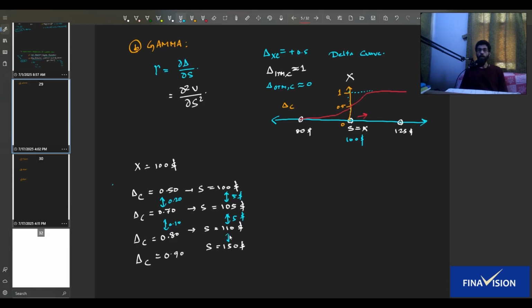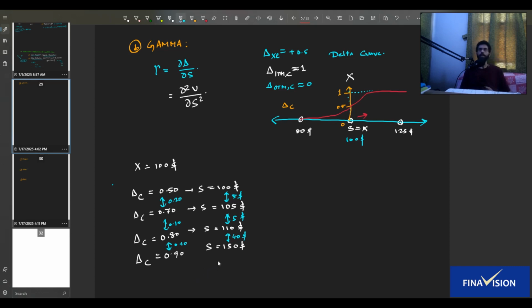The next $40, it was 10 points. So as the probability becomes more and more sure, the rate of change of delta diminishes. The speed of change of delta diminishes. And this speed of change is denoted by the Greek gamma.